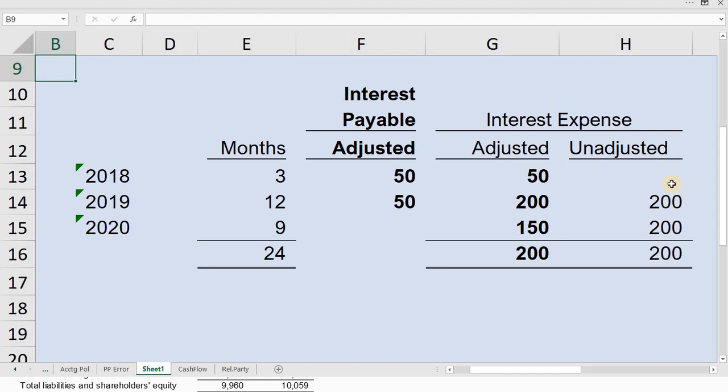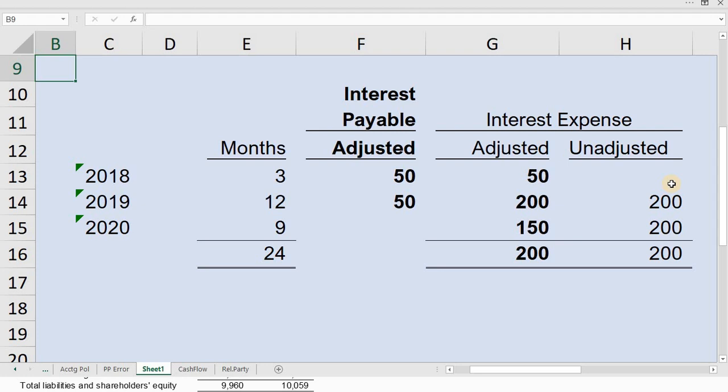So the interest of the notes payable is 10%, and the face value of the notes payable is 2,000 pesos. So that is why the annual interest expense is 200 pesos. And the total payments of interest in 2019 is 200 pesos. So that is 100 pesos on April 1, 2019, and another 100 pesos, which is the second semi-annual payment, on October 1, 2019.